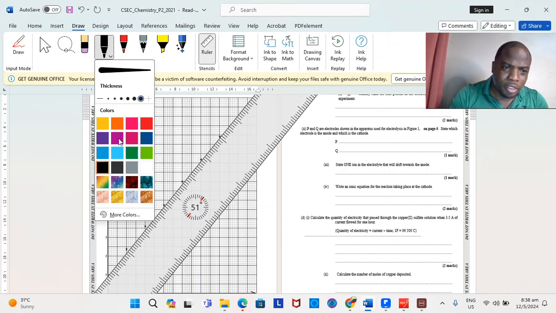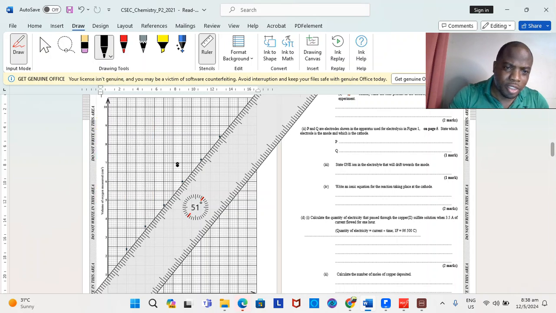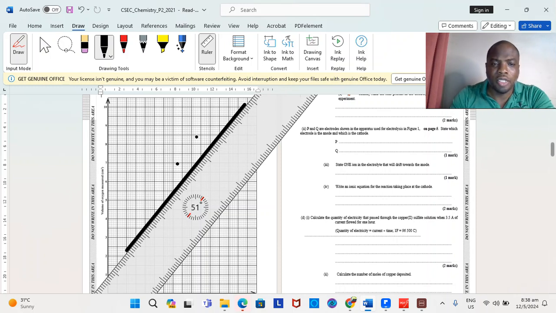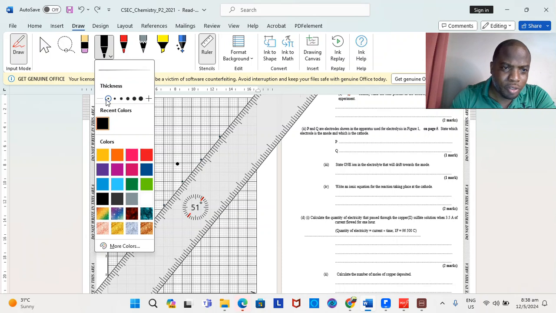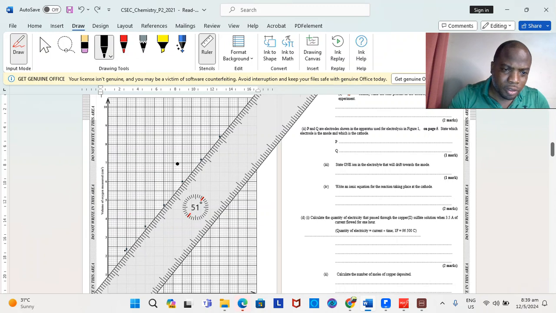Right. See if I can draw this line. And it should give me something looking like that. Now, maybe the point is too large, so let me use something for persons to see.